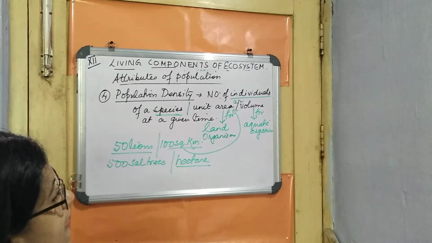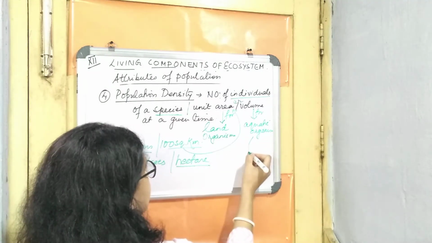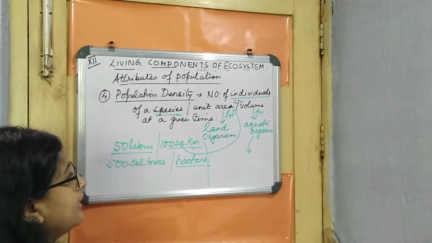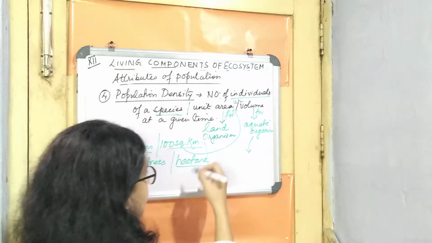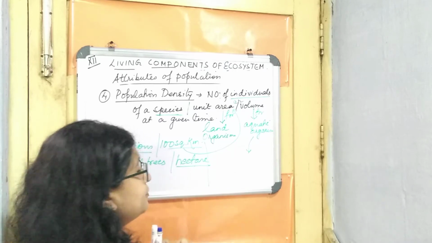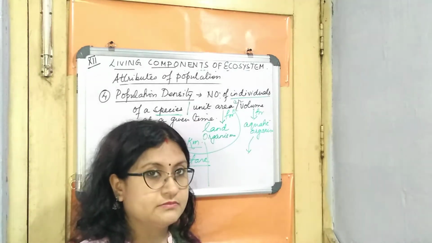But if we talk about aquatic organisms, can we write area or square kilometer? We cannot write square kilometer, area, or hectare. Suppose we write about diatoms.